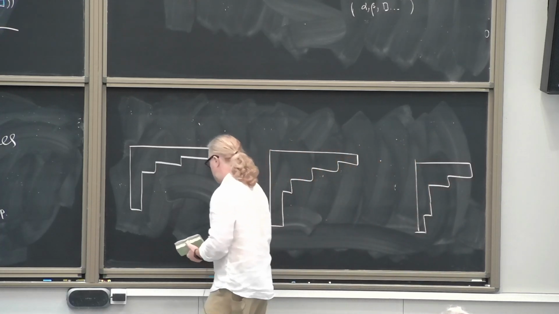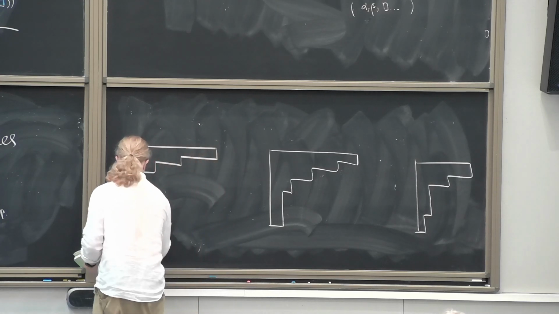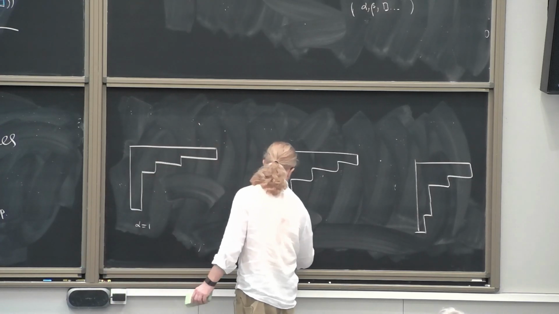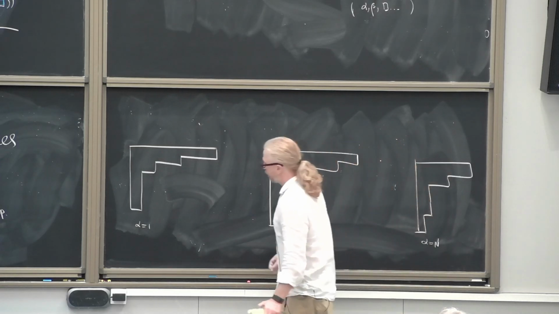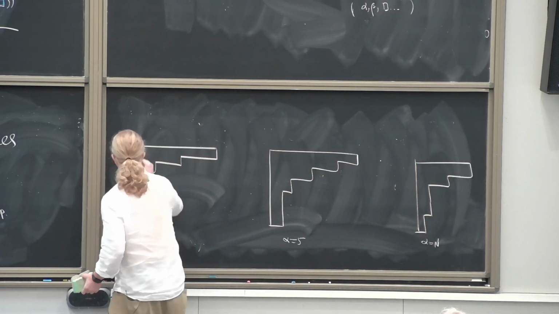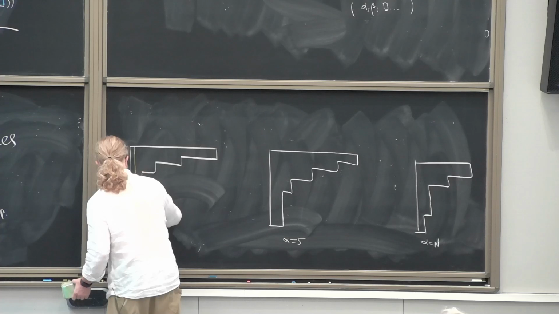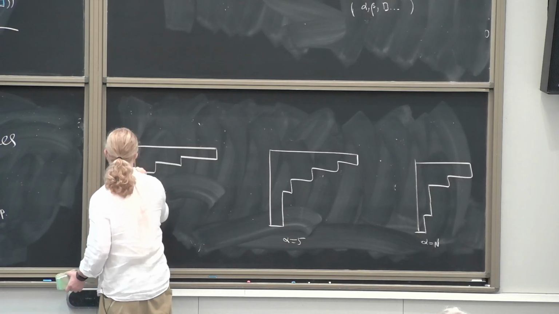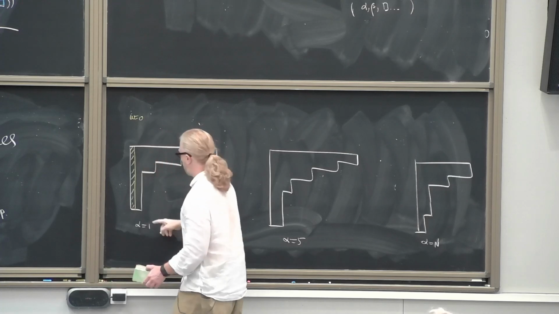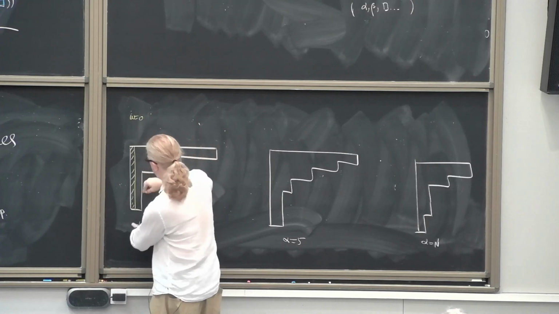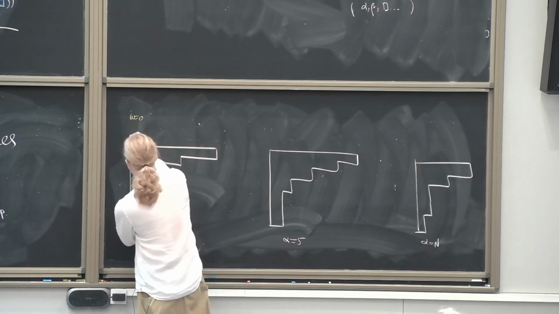So for example, this is alpha equals 1, alpha equals 5, let's say, and alpha equals n. So the color of the first column of the first diagram is color 0, and the next is 1.